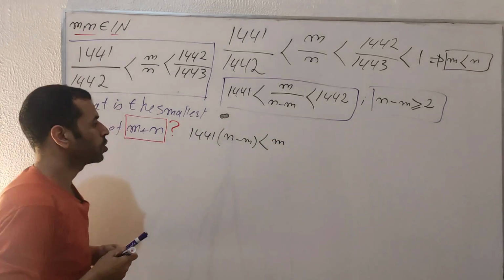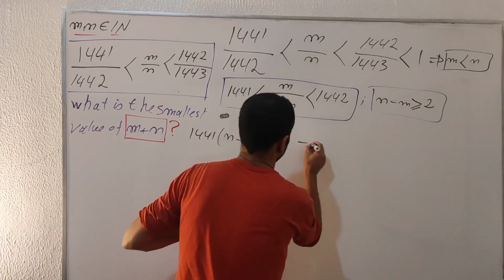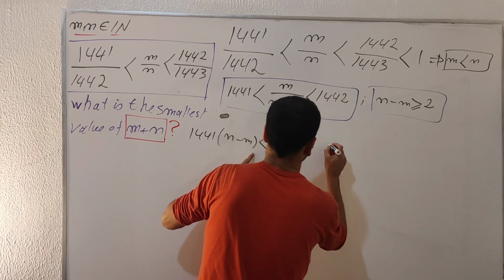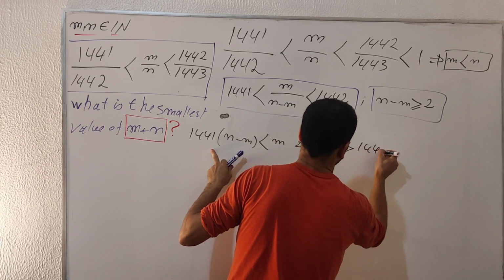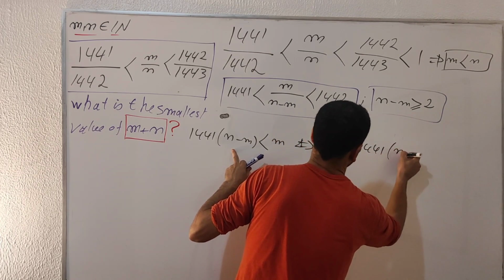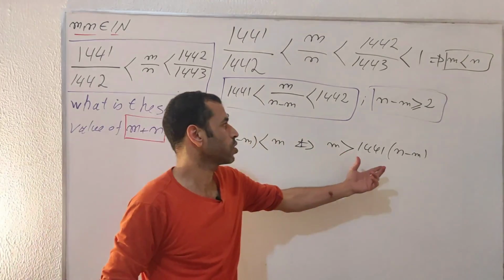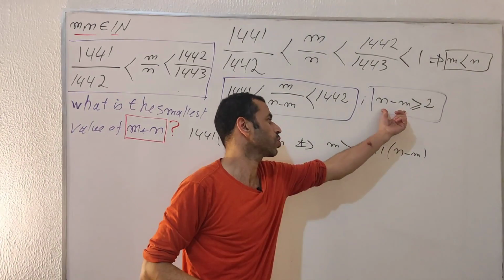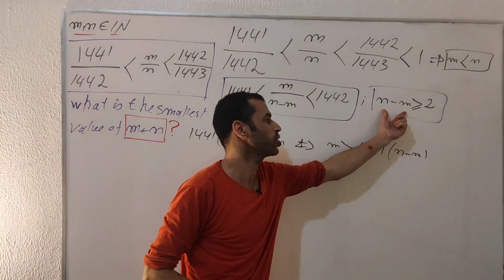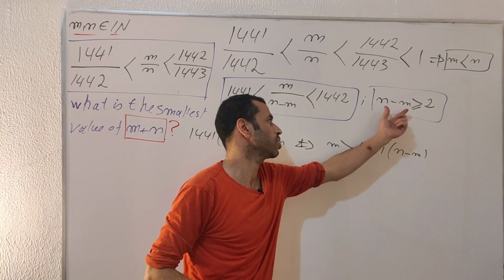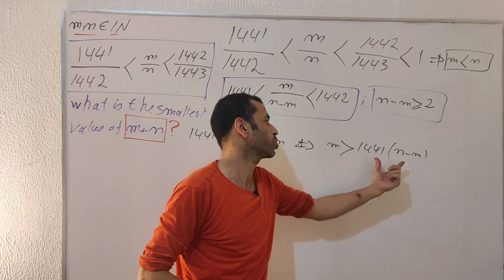So this is equivalent to writing m is strictly superior than 1441 multiplied by n minus m. The reason I'm doing this is because I'm going to reach this goal. As we have the same term as I repeated in the above expression, the only thing missing here is that I need to multiply both sides by 1441 to get to this expression.